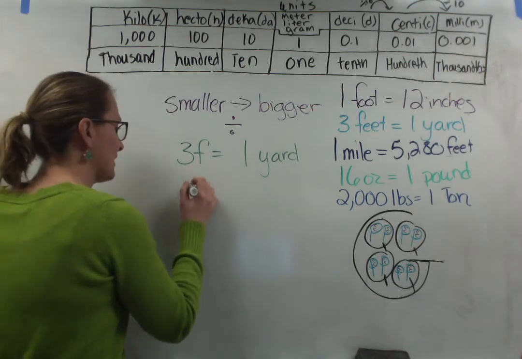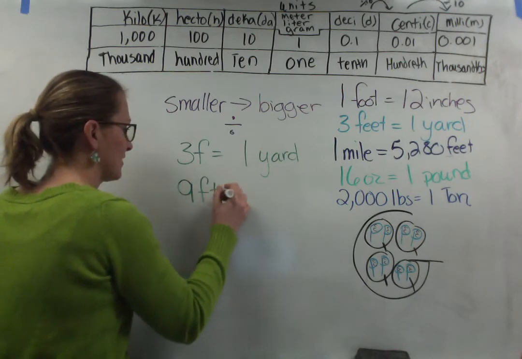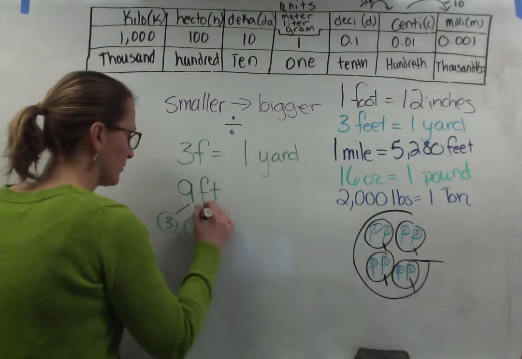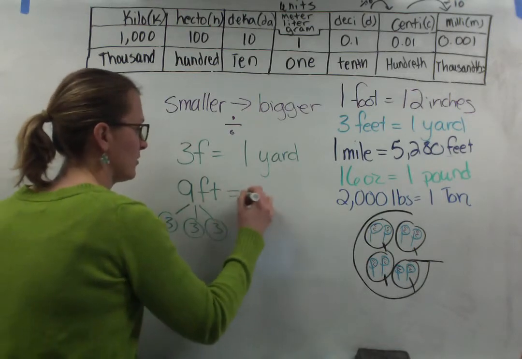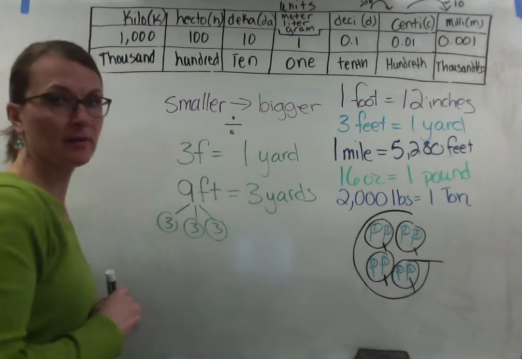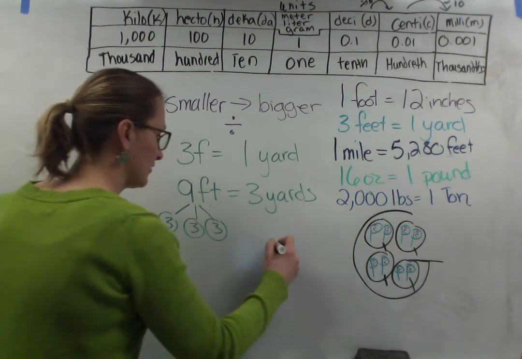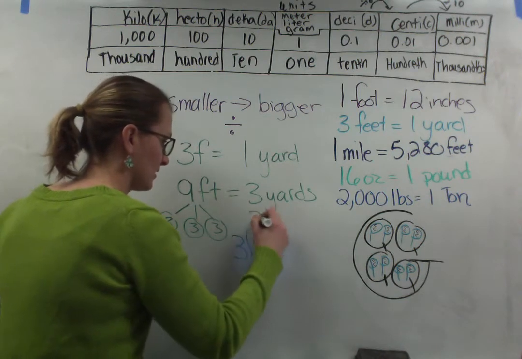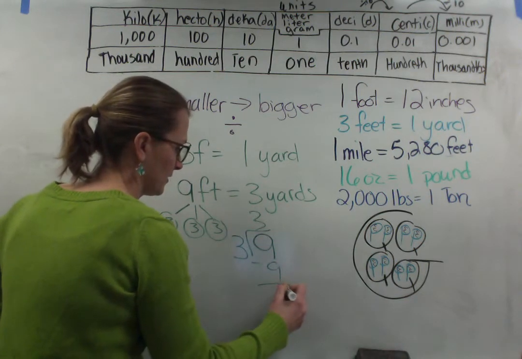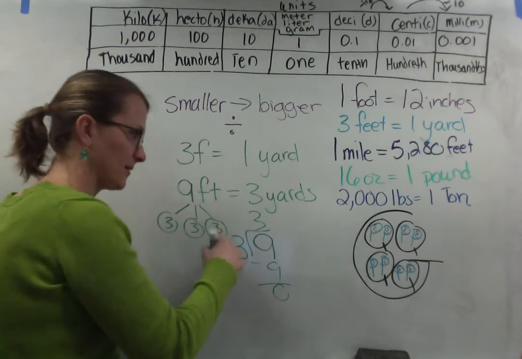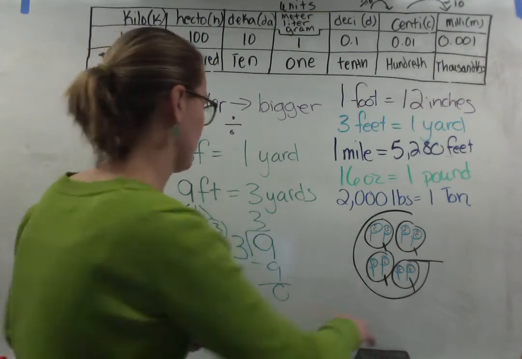So if we had 9 feet, 9 feet would be made up of 3 groups of 3. So it would equal 3 yards. All right, so we're splitting it up. So for example, 9 divided by 3 is 3. So you can make 3 groups of 3. So you're going to get 3 yards.